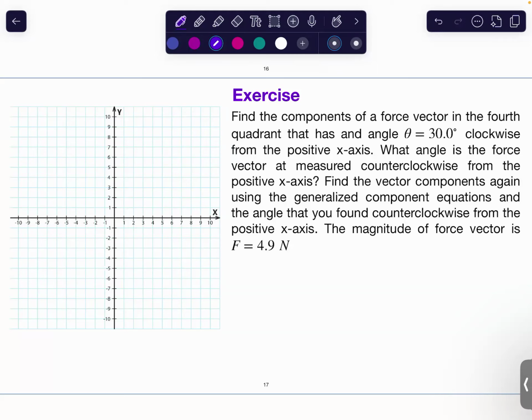We didn't have it. 360 minus 60 degrees. No.